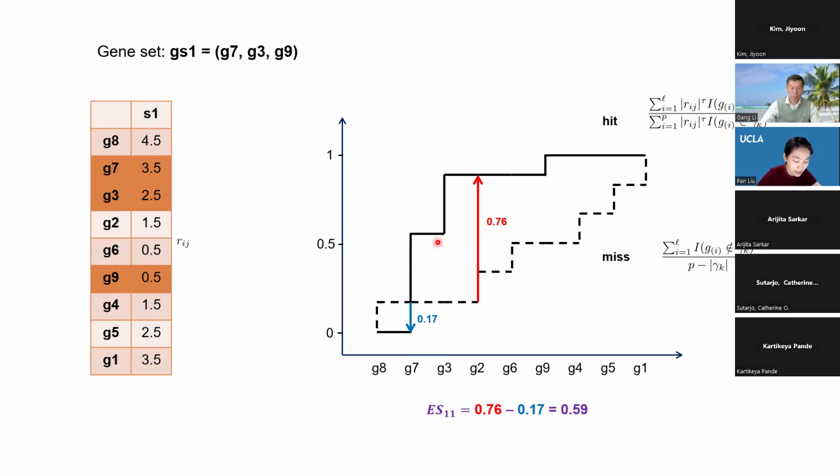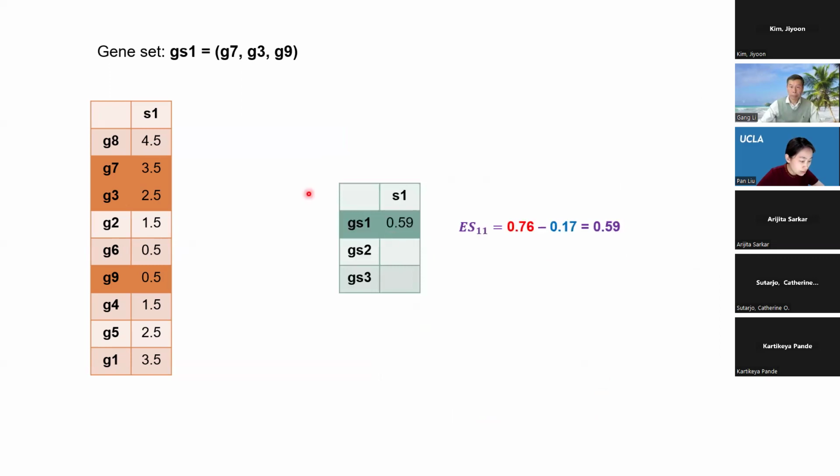So we want to say, if this gene set has members both on the top and at the bottom, then we don't consider it as enriched. We want them to kind of cancel out. So the enrichment score or variation score for the first gene set within sample 1 is 0.59.